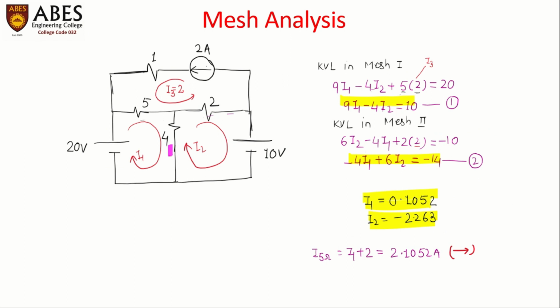In our next example of case 2, you can see here the circuit consists of voltage sources, a current source and resistances. In this particular example, there are two voltage sources, 20 volt and 10 volt, resistances, and a current source of 2 ampere.